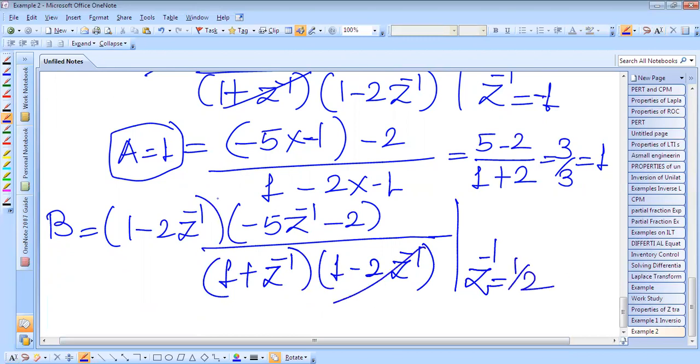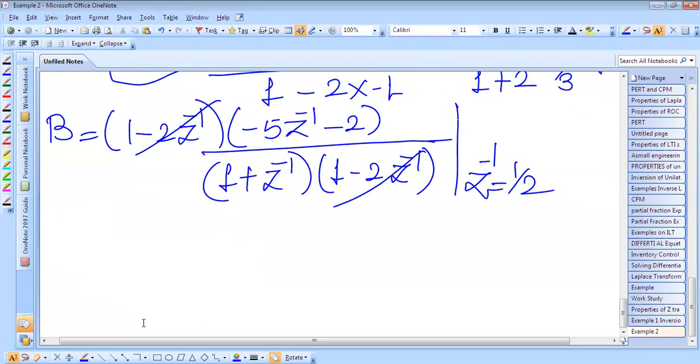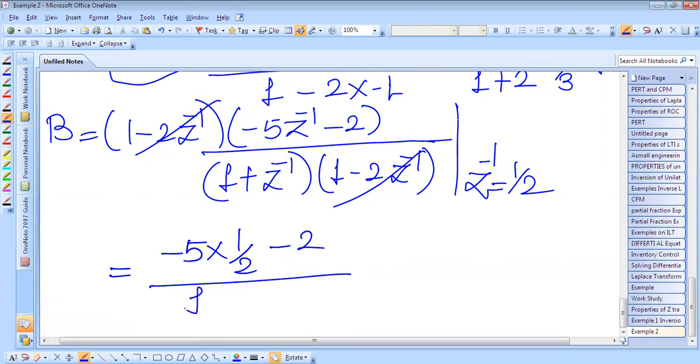So this will cancel here, and the remaining terms will be there. Minus 5 into half minus 2 over 1 plus half.